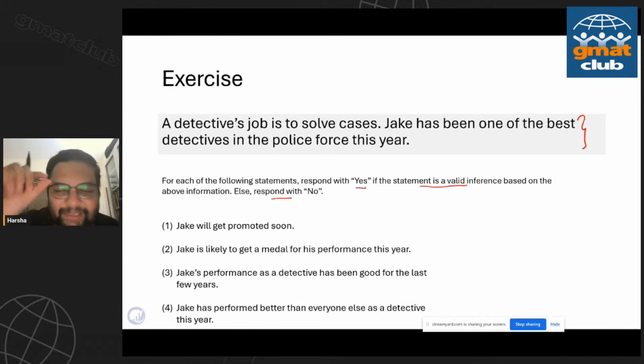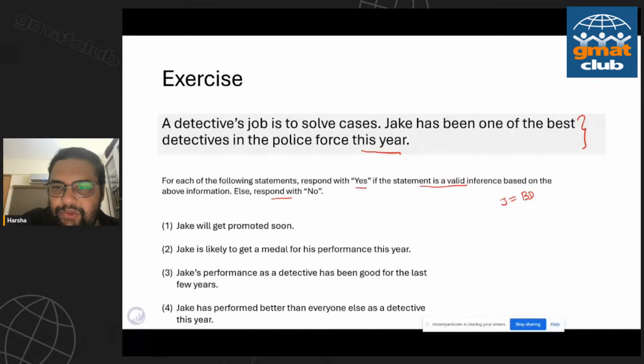So, what is given to us? A detective's job is to solve cases. Jake has been one of the best detectives in the police force this year. Great. Now, which of these statements is a valid inference? Jake will get promoted soon. All I know from the given information is that Jake is one of the best detectives.